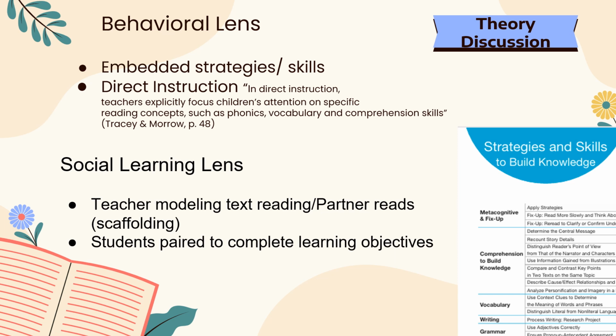Also, in a share and reflect procedure that's included in the curriculum, students work together in designated partner groups to complete learning objectives. So all of these theories we found, plus there were so many more that we could talk about that we noticed. This program is grounded richly in multiple theories.